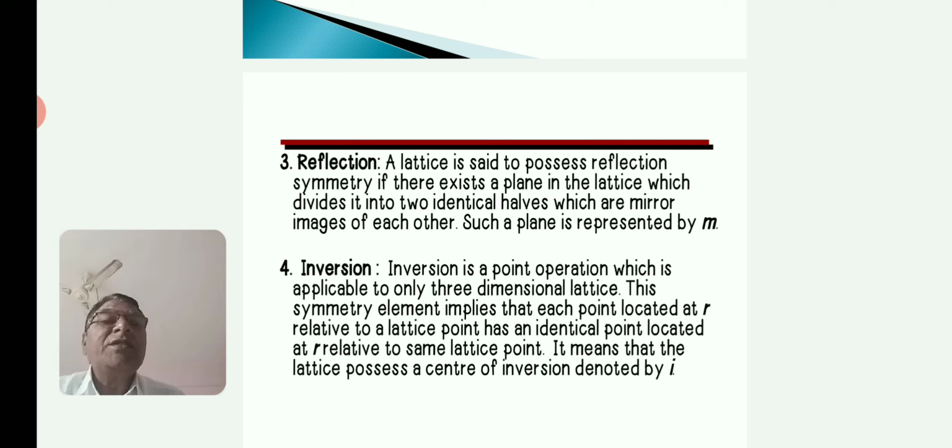Such a plane is represented by small m. By considering the combination of reflection with allowed rotation, we note that each allowed axis can be associated with two possibilities.